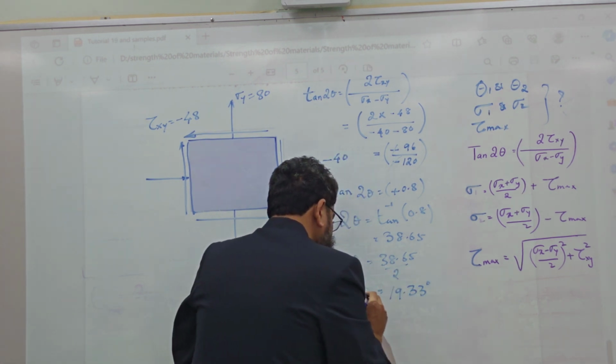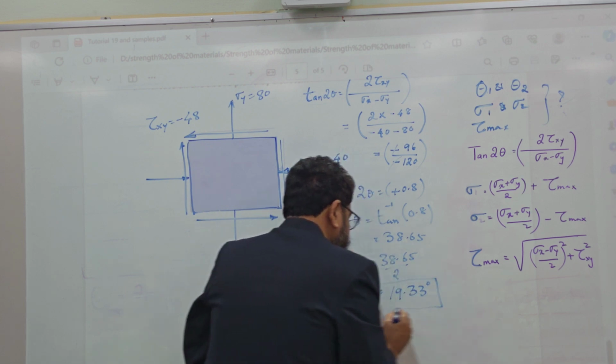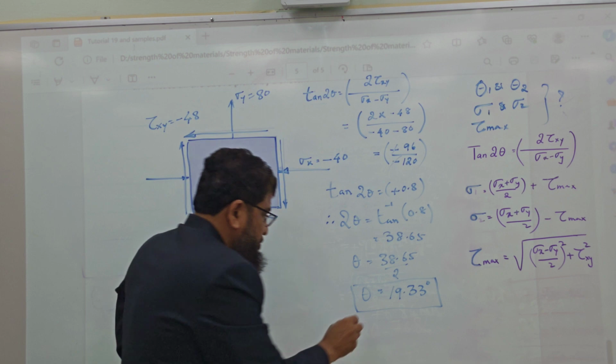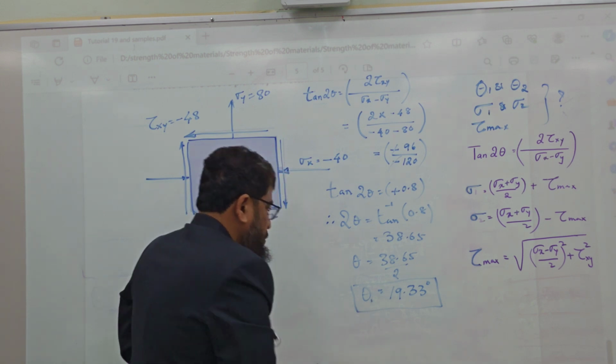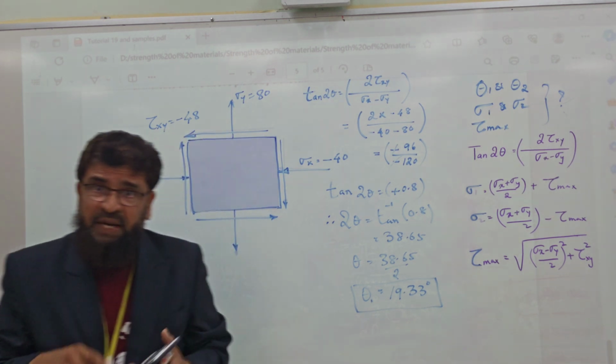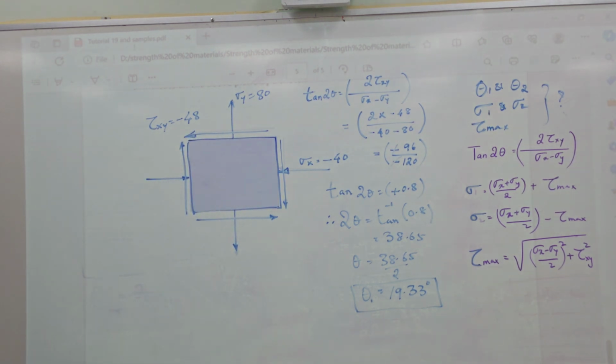This is your theta, and I should call it theta 1. In the previous case it was minus. Now, because your tau xy changed, it became plus 19 point something.